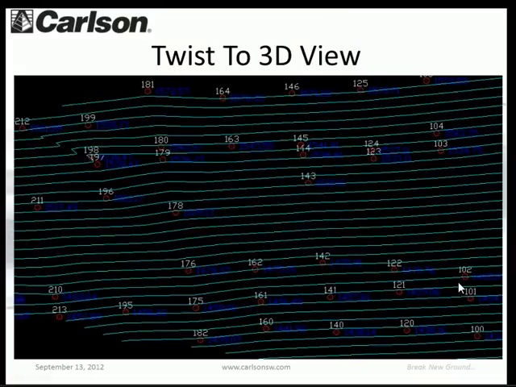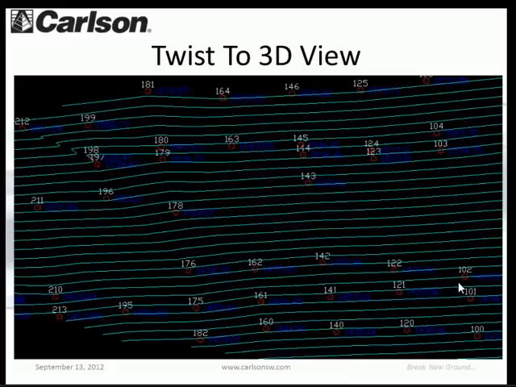There's a new twist to the 3D view command, just a little utility that is kind of cool. If you look at a drawing in 3D from the side, a lot of your labels typically are facing straight up for plan viewing.